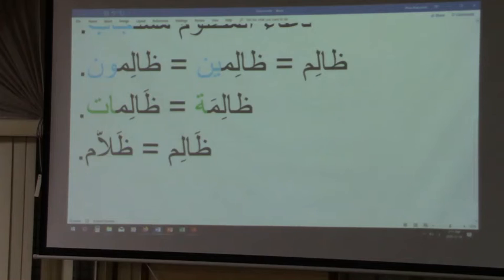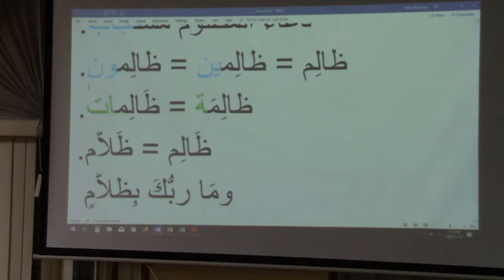After this we have the ayah: wa ma rabbuka bi-zallam. What is the meaning of wa ma rabbuka bi-zallam? And your Lord is not an oppressor.